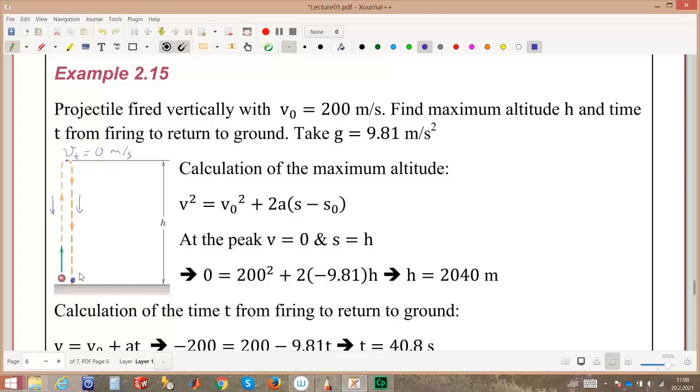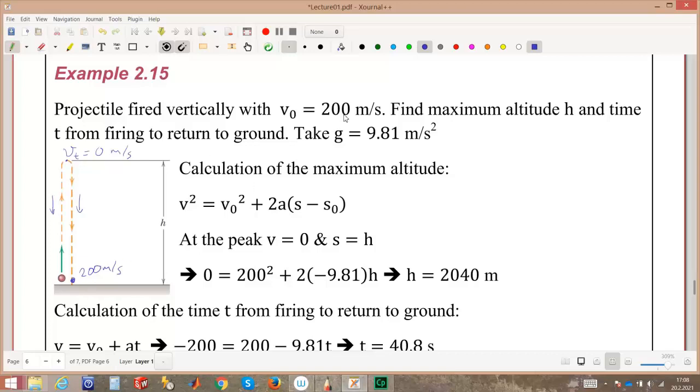So it will be again 200 meters per second. Actually, we can also calculate if it's going to be 200 meters per second or not, but since there are no other external factors here, we'll start with 200 meters per second in the upward direction, and then we'll reach the ground with 200 meters per second in the downward direction.